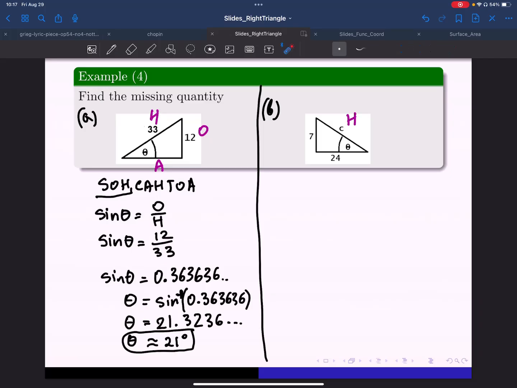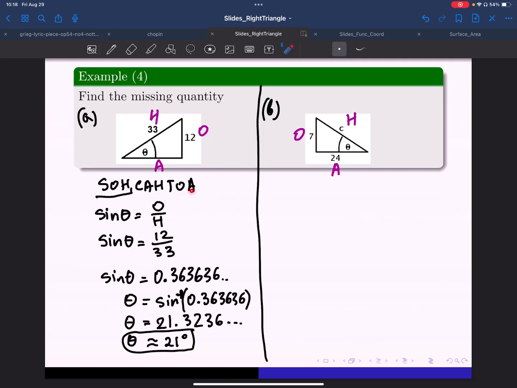And then with regard to the angle theta, this is my opposite. This would be my adjacent. So now I'm looking for a trigonometric ratio that relates opposite and adjacent. So I look at opposite adjacent, that would be tangent.